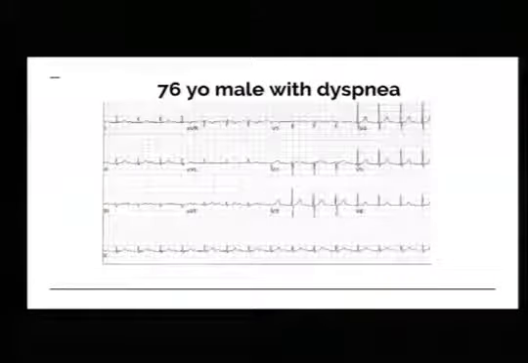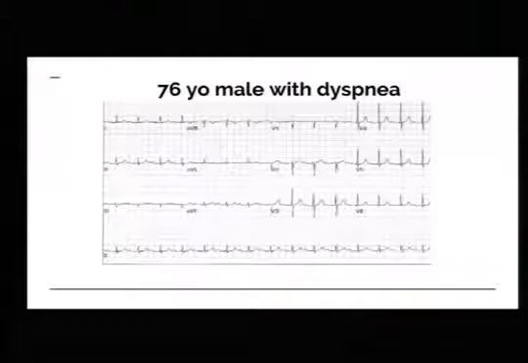So, 76-year-old male with dyspnea. Is your rate fast, slow, or normal? One, two, three. So just under 100, probably like 98. So upper limits of normal.